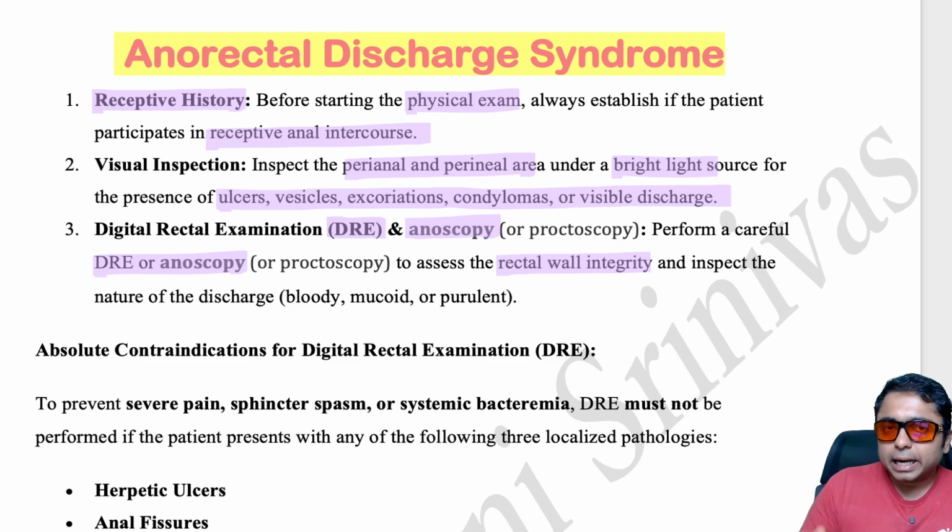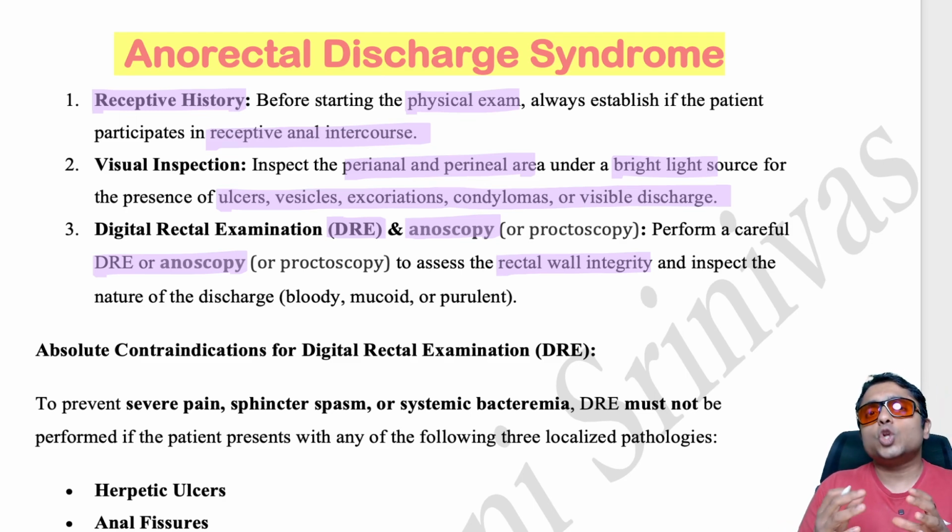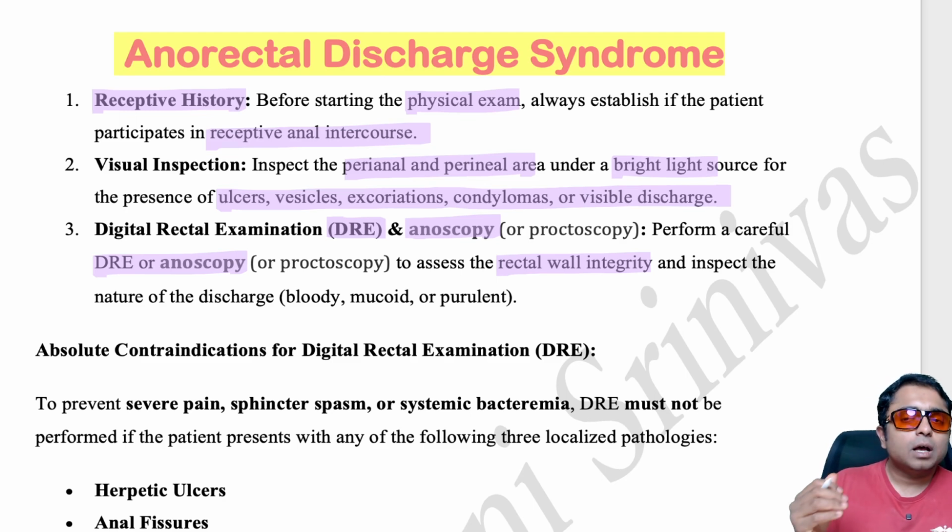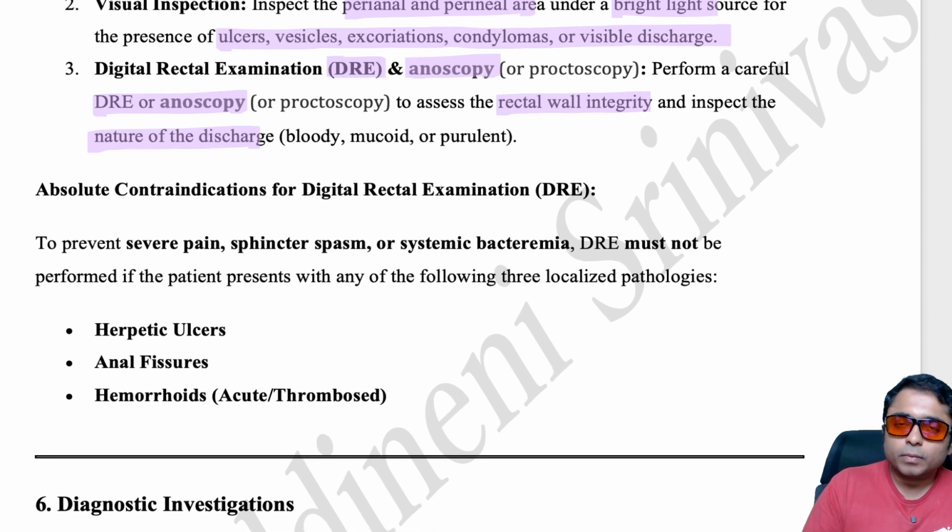So how is the rectal wall integrity, whether it is normal or showing some abnormal changes because of repeated receptive penile sex, right? And inspect the nature of the discharge, whether it is bloody, mucoid, or pus, and please record it.